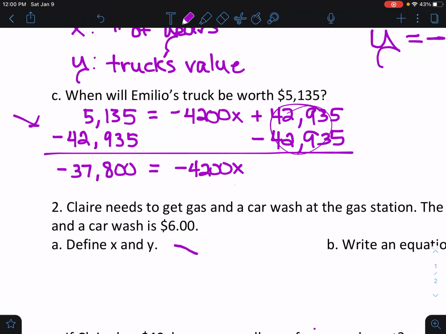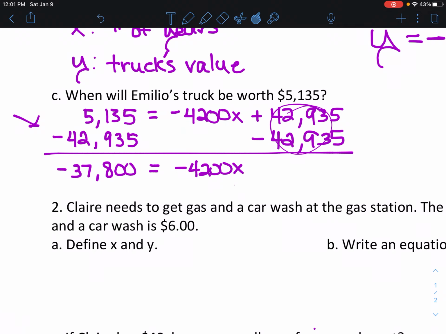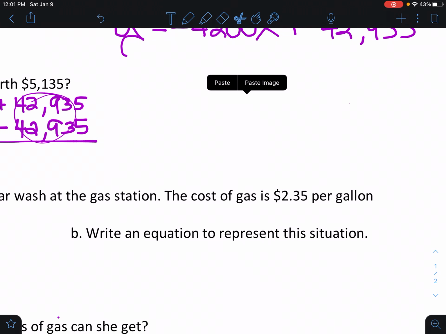Okay, so now, in order to solve this, this is negative 4,200 times x.